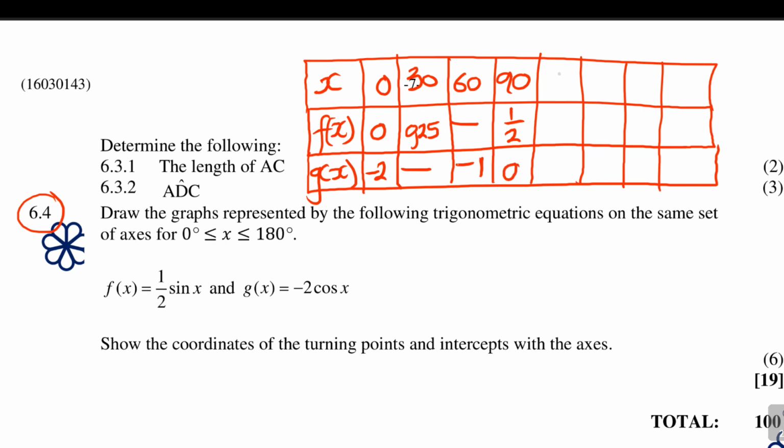And then 120. We can skip f of x, and then we've got g of x is 1. Let's go to 150. We've got 0.25 on f of x, and then we skip g of x. 180. We've got 0 on f of x and 2 on g of x.